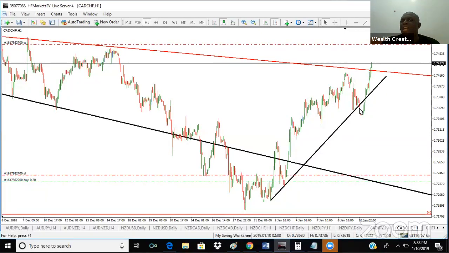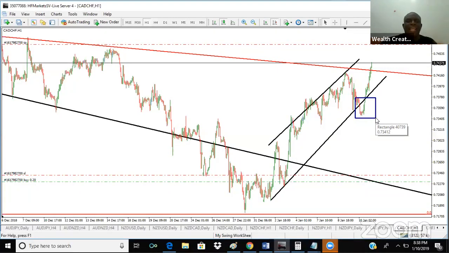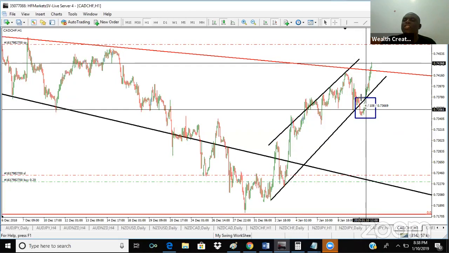Once there was a breakout here, we say it has broken my trend line. I will start selling. But no, it will not sell, because the currency strength index says that, guys, in the market currently, the volume on the Canadian dollar is stronger. So because the volume on the Canadian dollar is stronger and CHF is weak, it will definitely come and eat your stop loss. Then you say the market is not good today.